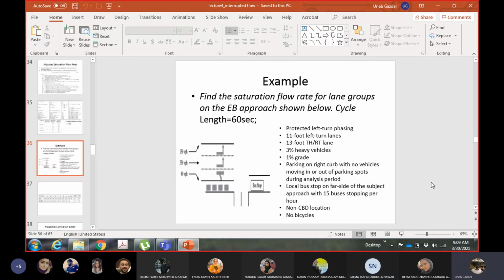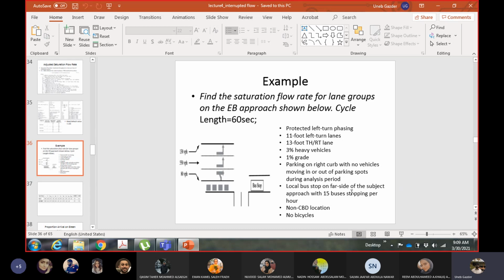I told you whenever you change any movement, then the lane group will change. In this case it is very simple. You have 2 lanes with the same movement, and the third lane has a completely different movement. So 2 movement groups, 2 lane groups. There is no other way about it.